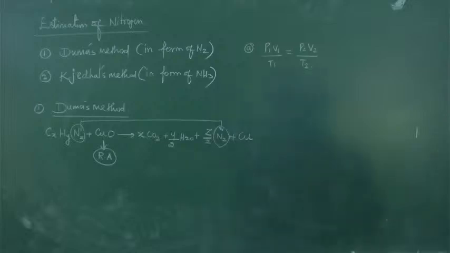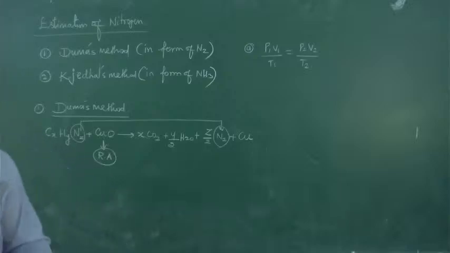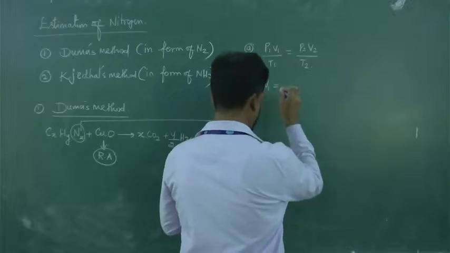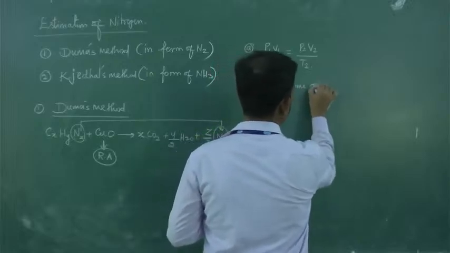The first formula is P1 V1 by T1 is equal to P2 V2 by T2. We already studied this in the gaseous state, but just remember this formula. From this, what can we calculate? What is V1? Write it down. V1 is the volume of nitrogen gas, volume of N2 gas.